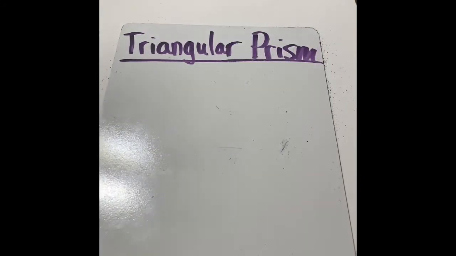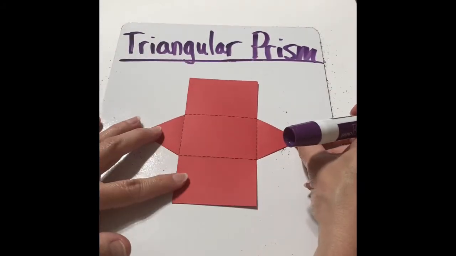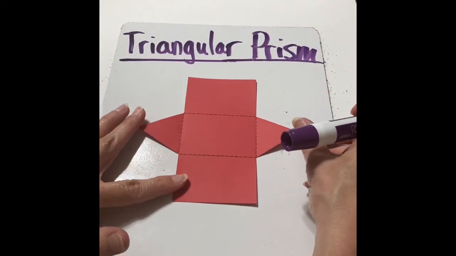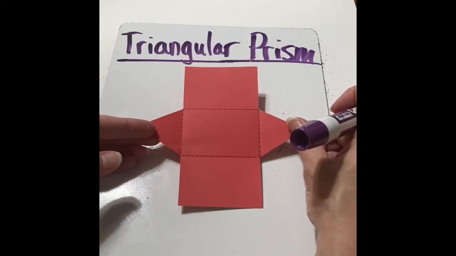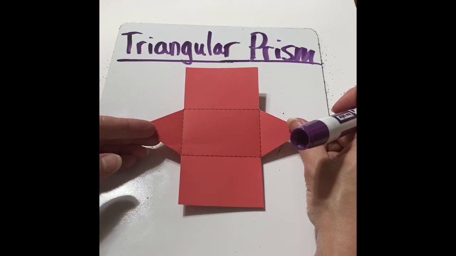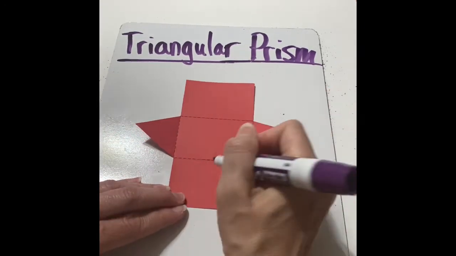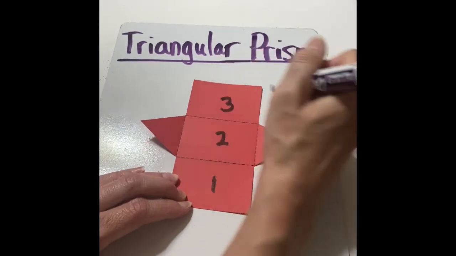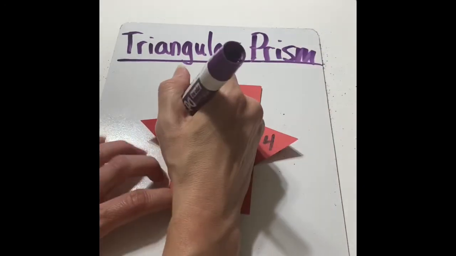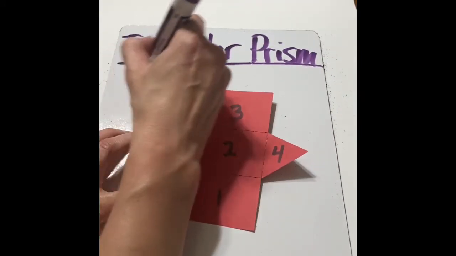The next one is the triangular prism. A pyramid comes together at the top at one point. A prism does not. So here is an example of what would become a triangular prism. If we look at these shapes, we have 1, 2, 3, 4, and 5. So we have 5 faces.